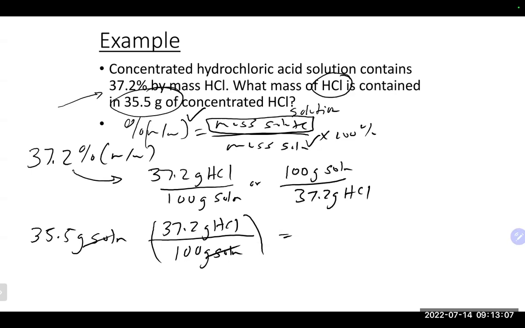And we will end up with about 13.2 grams of HCl. And by the way, that is obviously the exact same math that you would do if you rearrange this equation and solve for the mass of the solute. Any questions on that one there?